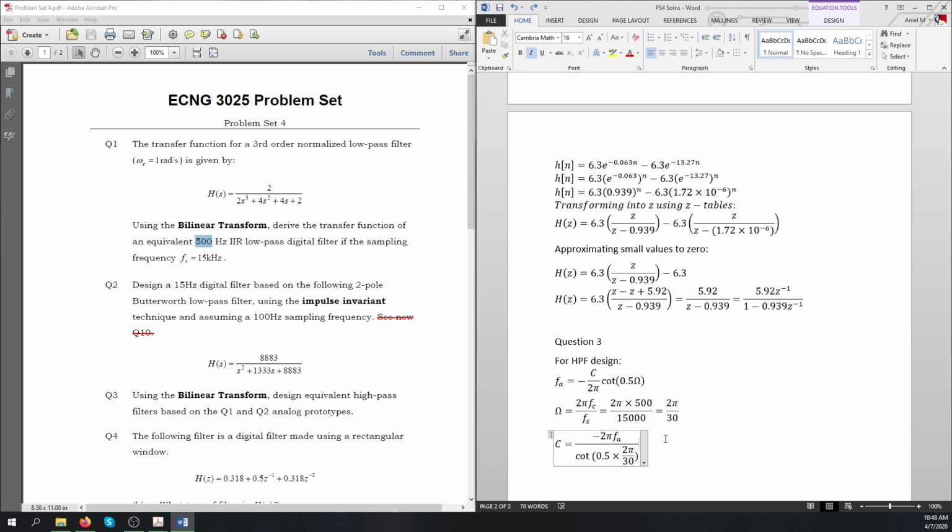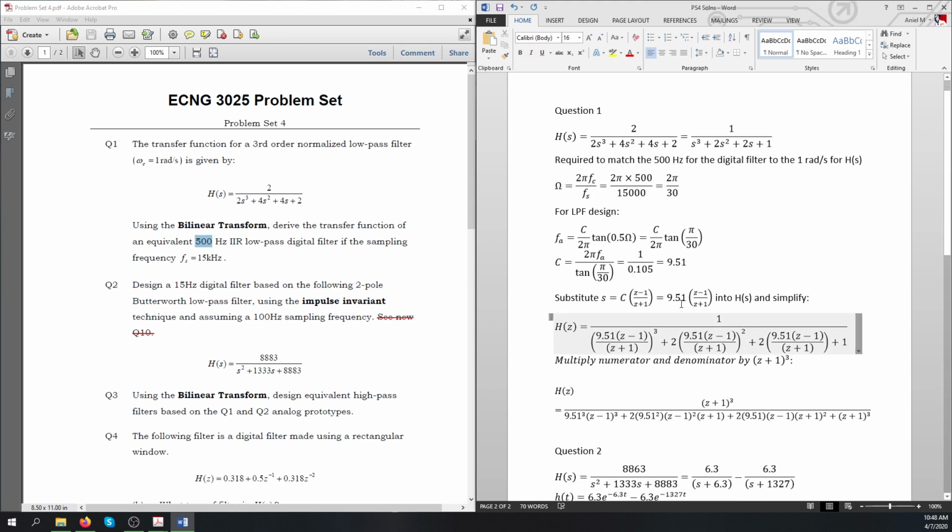And in doing all this calculation here, C here will resolve to 0.52, an entirely different value from what you saw on top here.